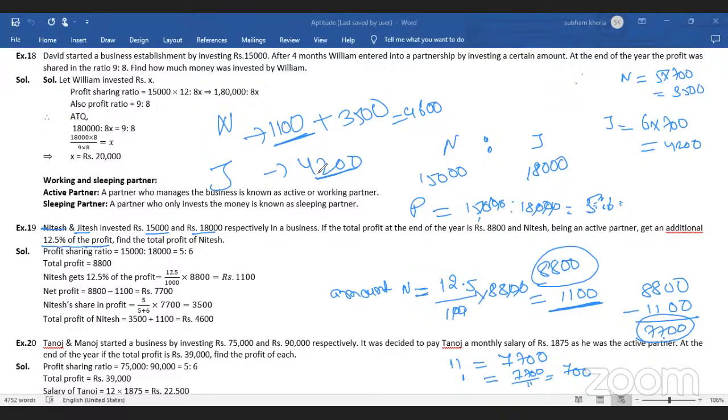Anyone who has any difficulty in understanding the question, please raise your hand. And if you have understood it completely, please write a yes. Yes, sir. Others? Only Supraja understood, others did not understand.